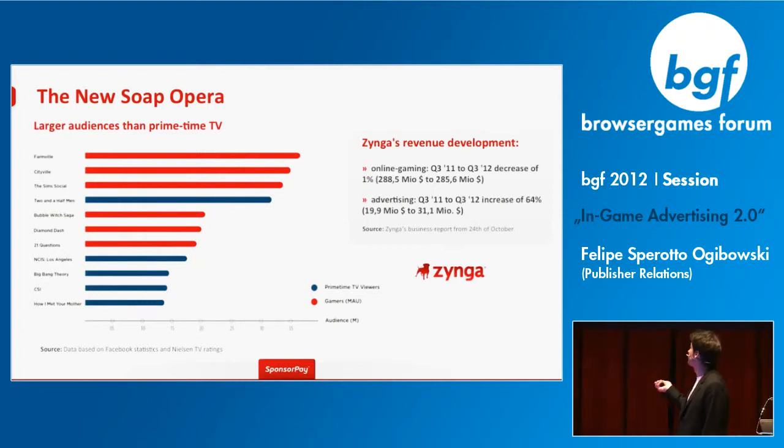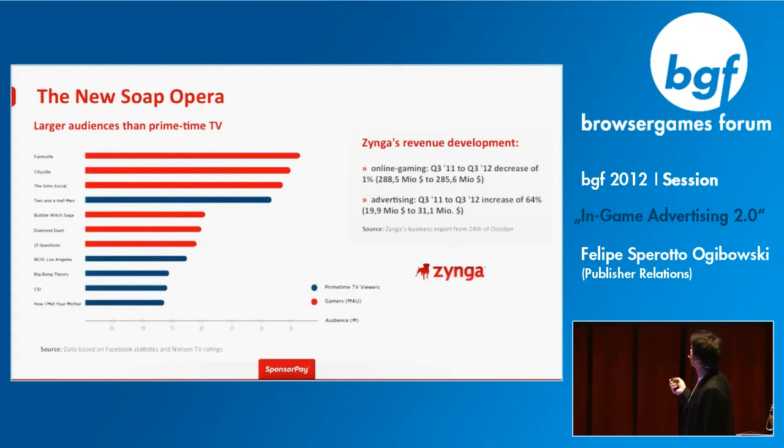So in this chart, you can see some of the biggest social games in the space at the time it was created, compared to some of the most famous sitcoms in the US. Not sure they're famous in Europe, but Two and a Half Men with Charlie Sheen, and now, I don't know his name, Ashton Kutcher.